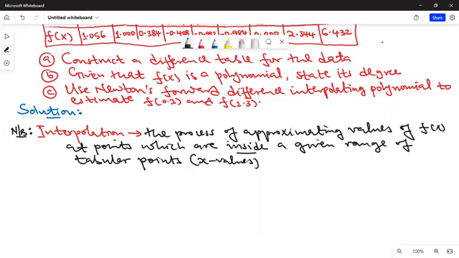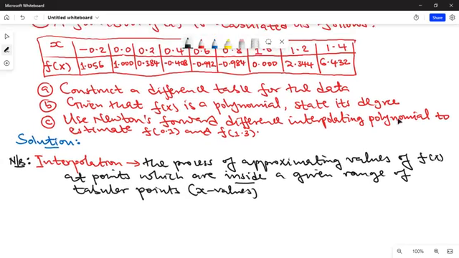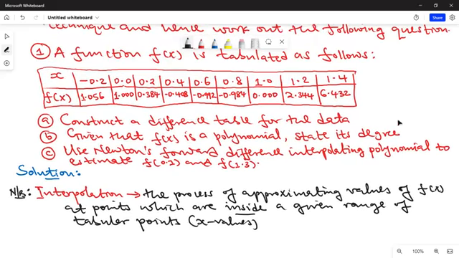So let's say like here, you see the table that is given. We know the values when x is negative 0.2, x is 0.0, 0.2 in that order. But what if you are asked, what about when x is 0.1? You see, we are not given that from the table, but using this idea of interpolation, we can be able to find the value of f of x when x is 0.1.